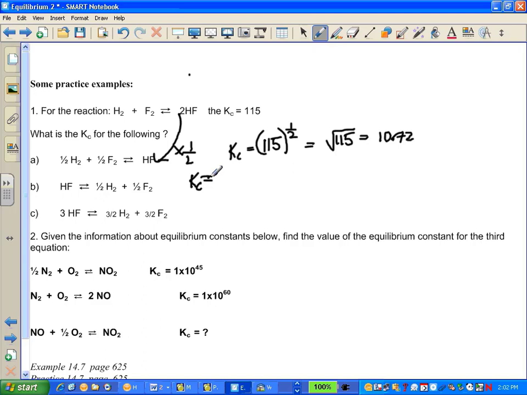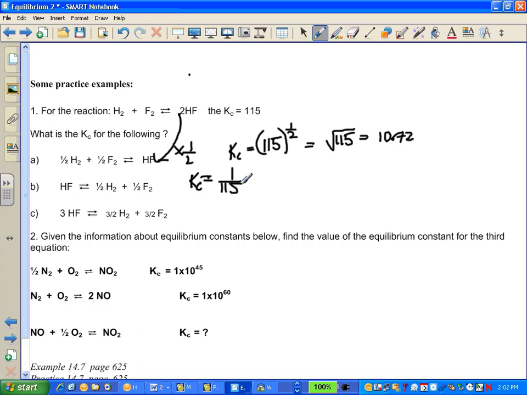The first manipulation of reversing the reaction calls for the reciprocal, because as we saw from the note, when we reverse a reaction, the value of the Kc becomes the reciprocal. So it's 1/115.